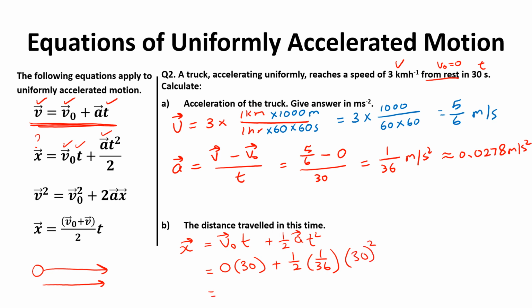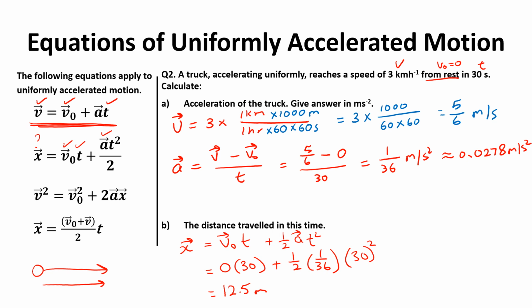And here we can just use the calculator and calculate the value of x. So we have a half times 1 over 36 times 30 squared, and this equals 12.5. So the value of the displacement or the distance is equal to 12.5 meters.